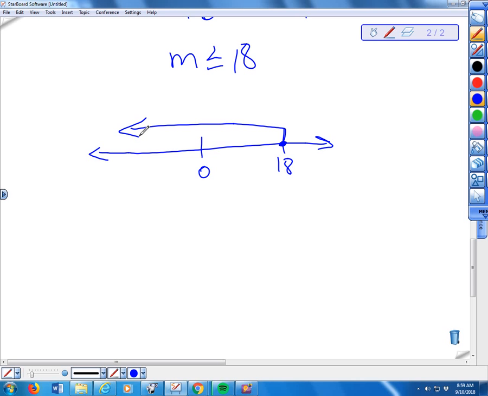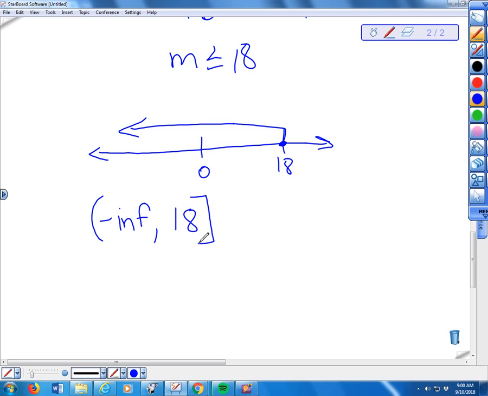So let's practice writing this in interval notation. Is it parenthesis or bracket to start? Parenthesis. Good. Because I start left and I work my way right, and the furthest left number this is going to be is negative infinity, because it goes on forever in the negative direction. And it goes till I hit 18, and it's got to be a bracket because that circle is closed. Infinity is never bracketed.